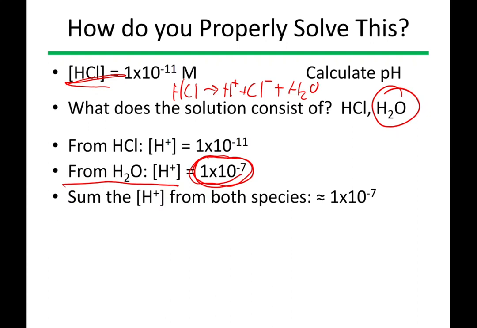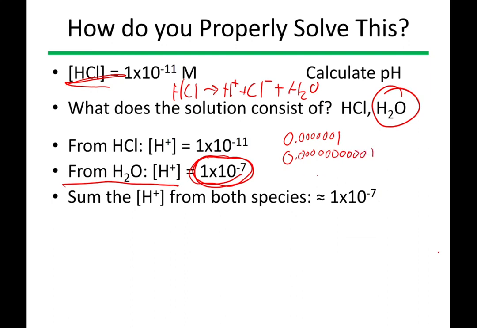So in this case, for the actual pH, we'd add these two together. So 1 times 10 to the negative 7th, let's see what that would look like. That'd be 0.0, so that would be 1, 2, 3, 4, 5, 6, 7. And 1 times 10 to the negative 11th, 1, 2, 3, 4, 5, 6, 7, 8, 9, 10, 11.